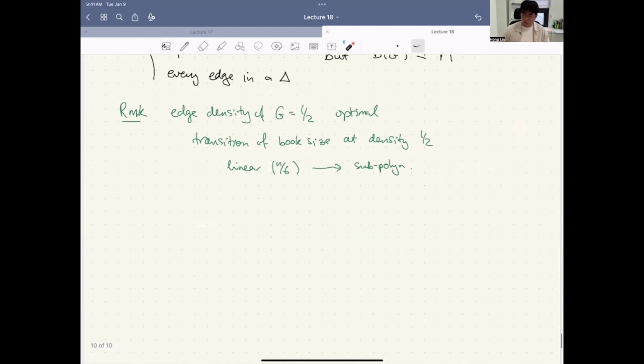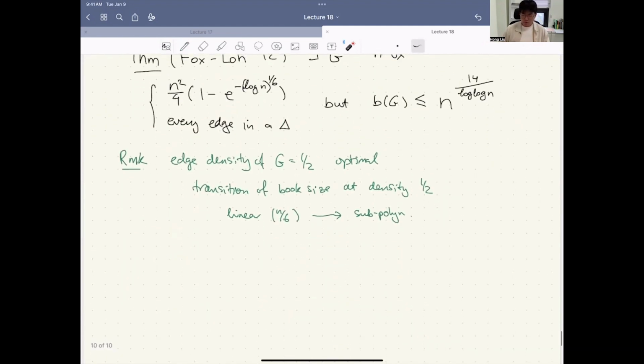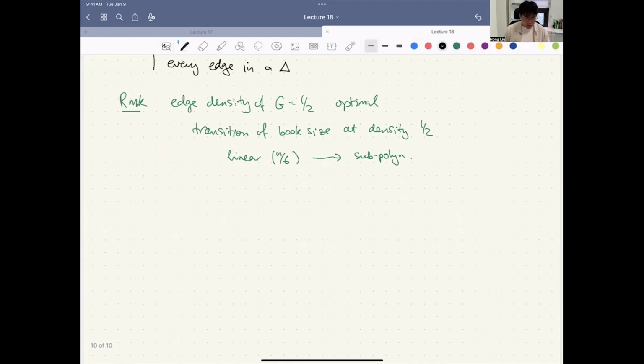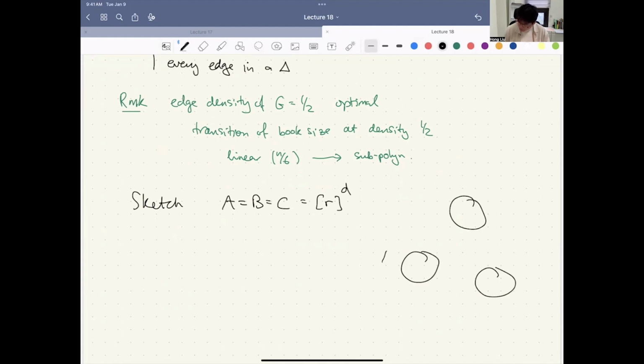Very quickly, the graph they constructed: you have sets A, B, and C, which are again a high dimensional grid, say R to the d.